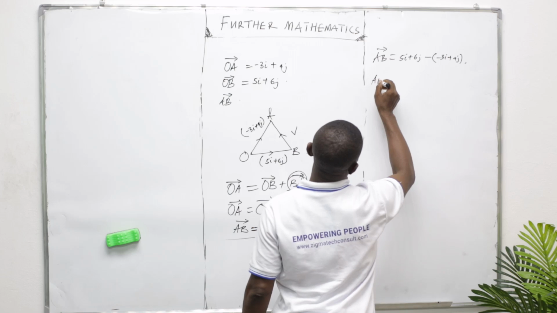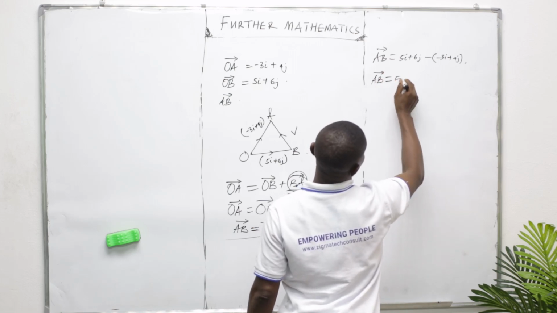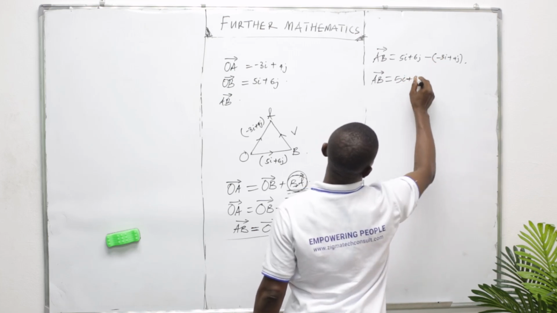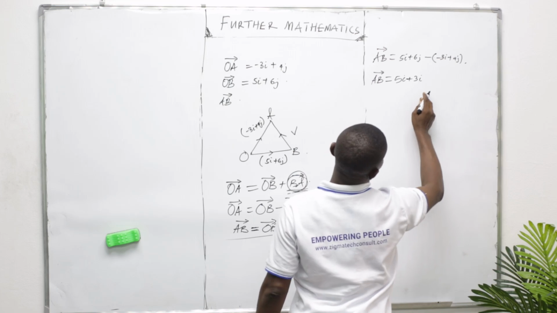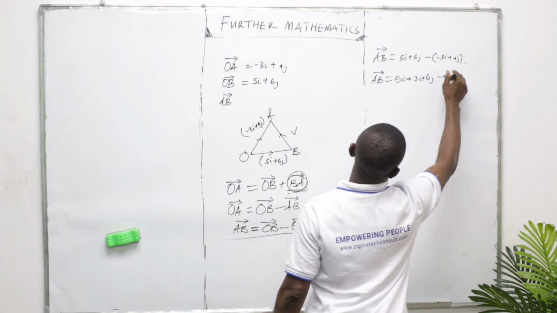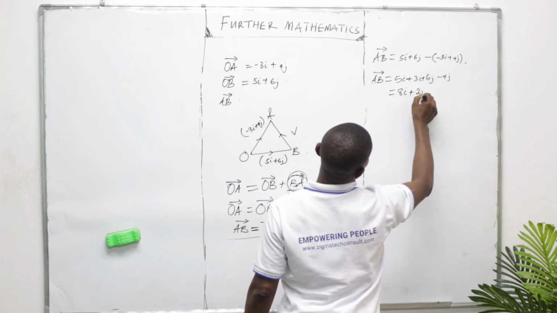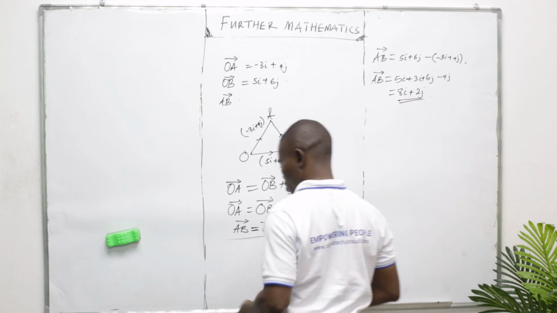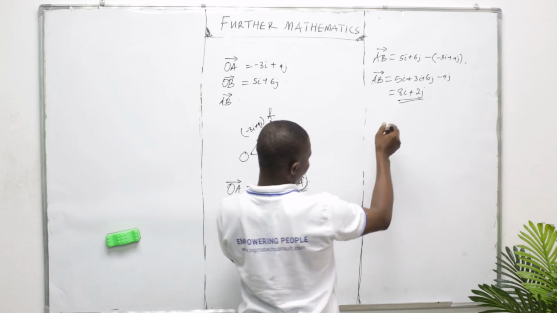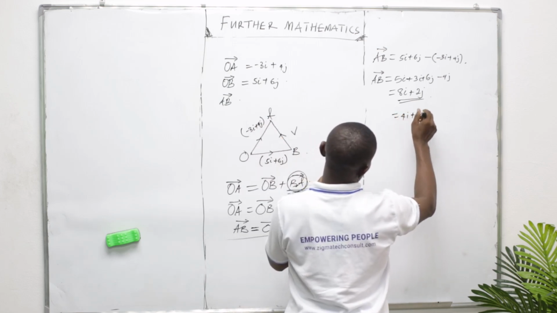So, AB equals 5i minus minus becomes plus 3. Then 6j minus 4j. This will give us what? 8i plus 2j. Good. The solution is what? 8i plus 2j, or you can say 4i plus j.